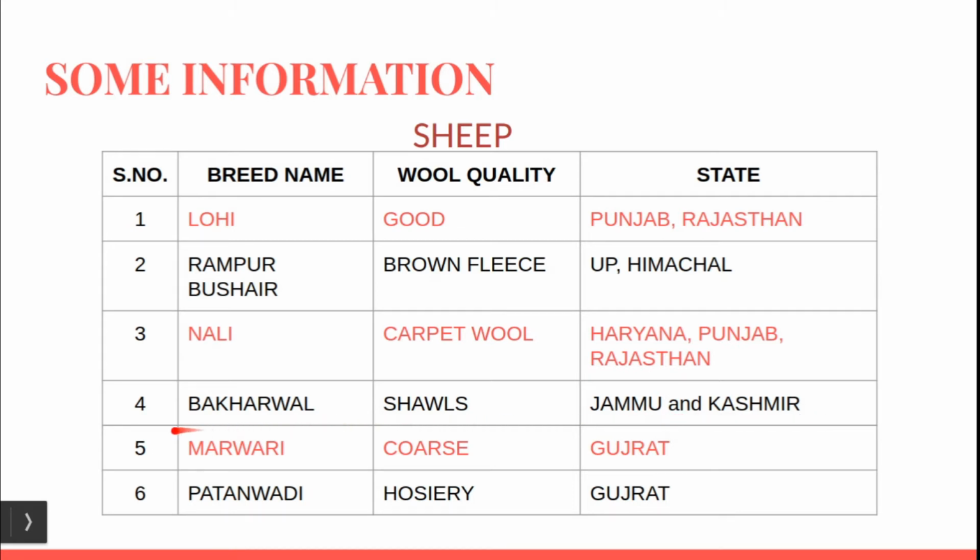Next is the Marwadi, and this sheep also gives you coarse wool, and it can be used for making carpets and mats, and you find this sheep in Gujarat. And the last one is Patanwadi, and the wool you get from this is used for making hosiery items, and this sheep is also available in Gujarat. So that was a lot of information. You can just go through the table once more.